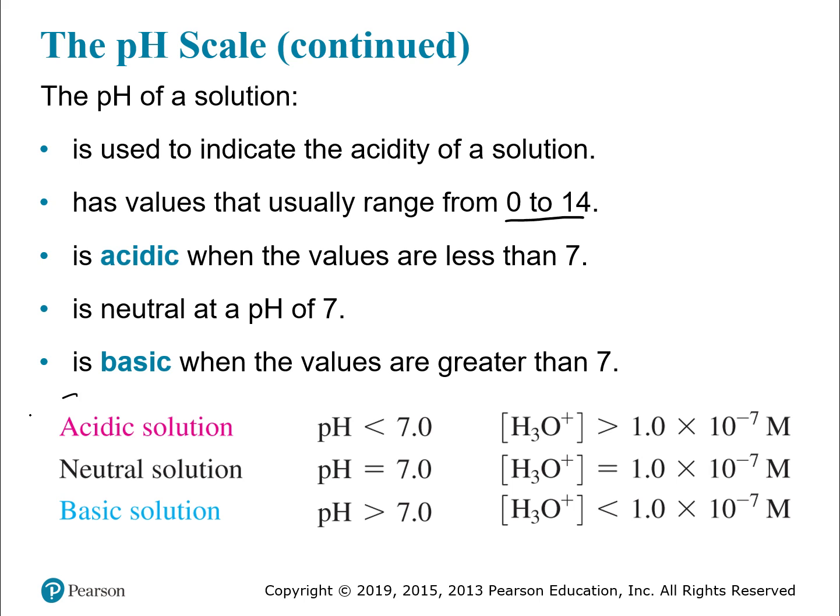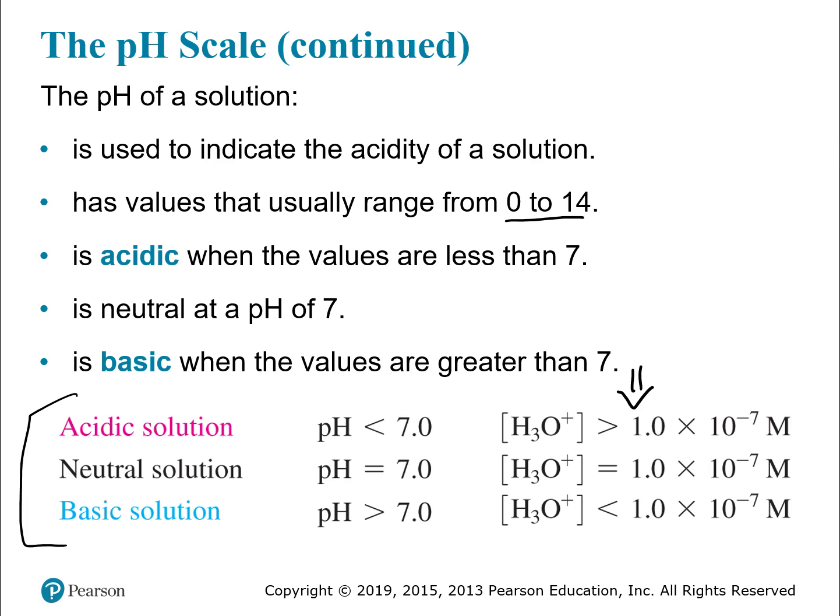Down here is a good representation of acidic, neutral, and basic, what their pHs are, and it relates that to the hydronium concentration. So this column is really key. Make sure that you understand this.